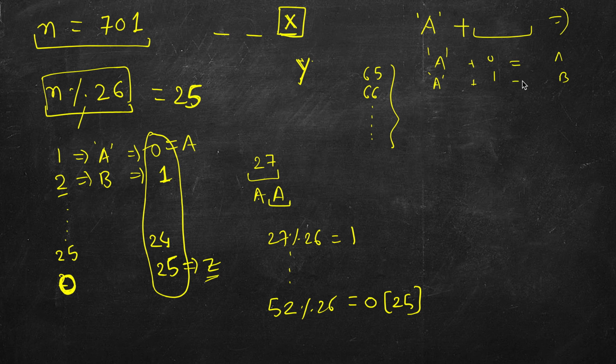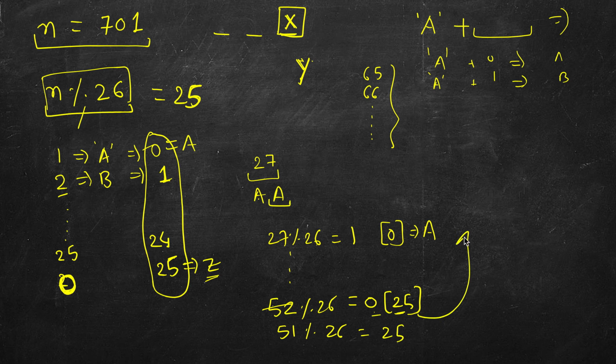So we are trying to think in terms of how we will write this in code. This 0 should be mapped to 25. So what if we subtract 1 from each of these? If we subtract 1, we take 26 modulo 26, so we will get 0, and we get A. Similarly, 51 modulo 26 gives 25, and this will work here.